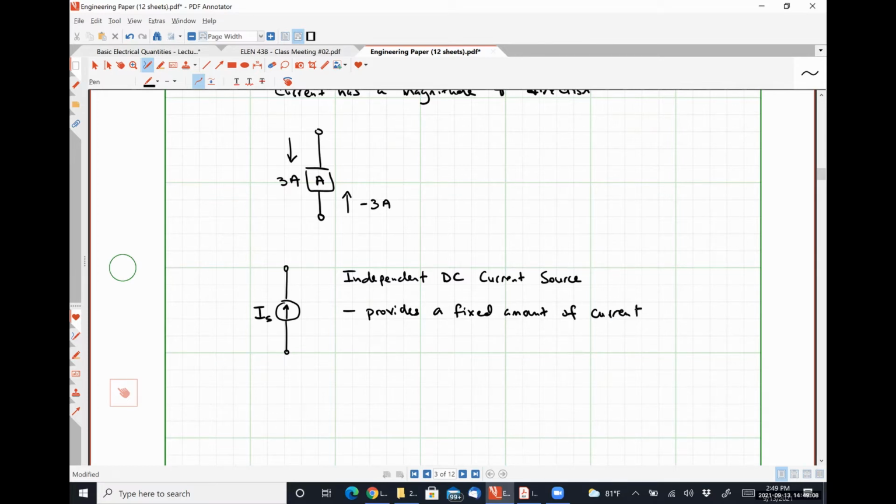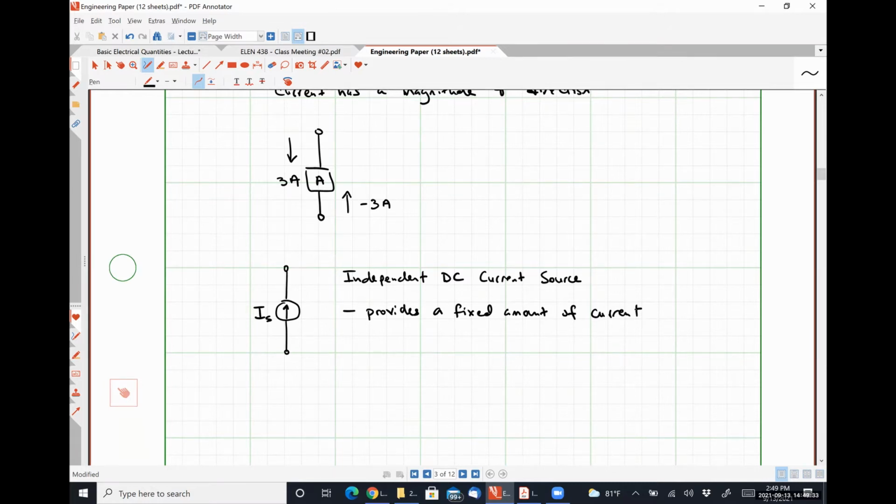So another way to think about this is that it provides a fixed amount of current regardless of what voltage appears across its terminals. So a 5 amp current source will deliver 5 amps regardless of whether it's short-circuited, whether it's connected to a resistor, whether it's connected to a capacitor, whether it's open circuited like we have here. The voltage across it means nothing.